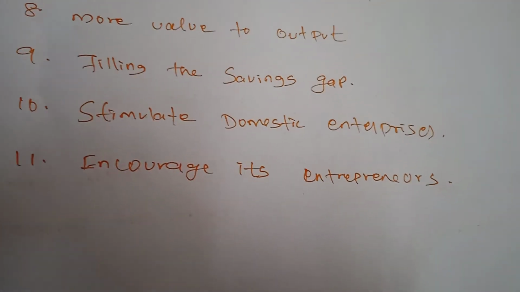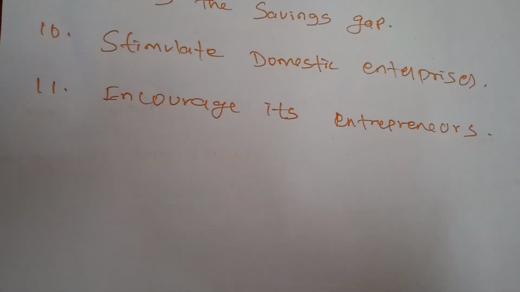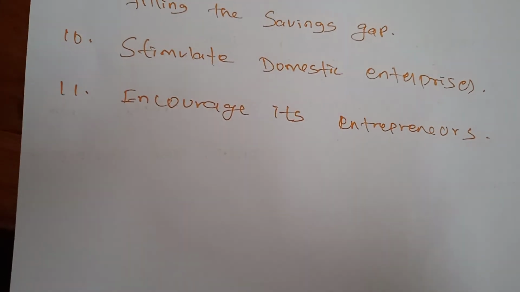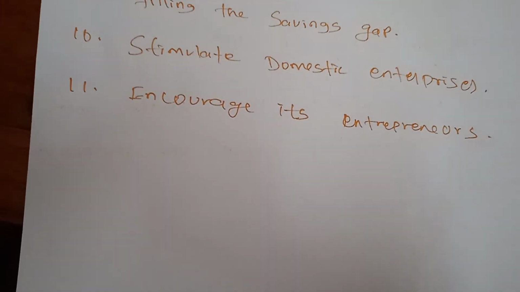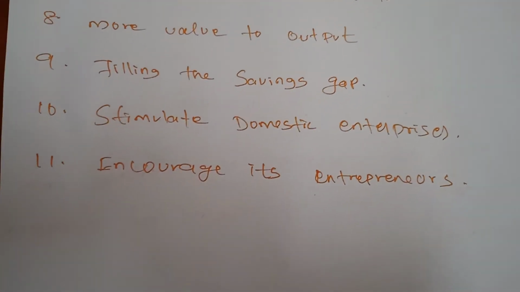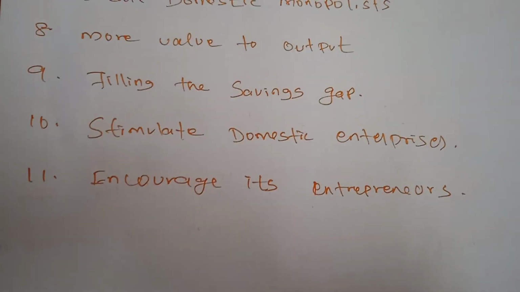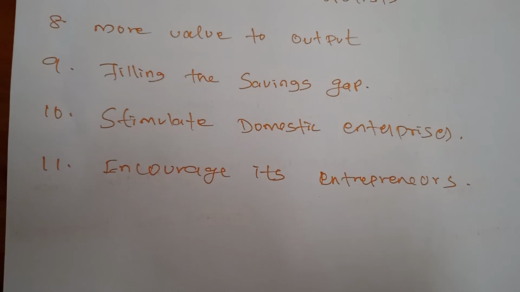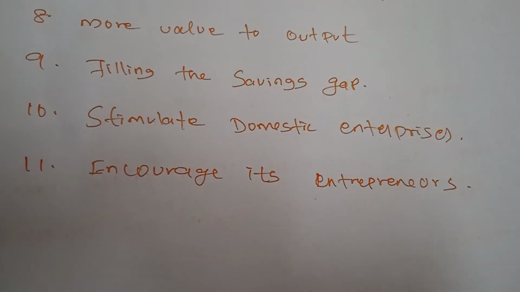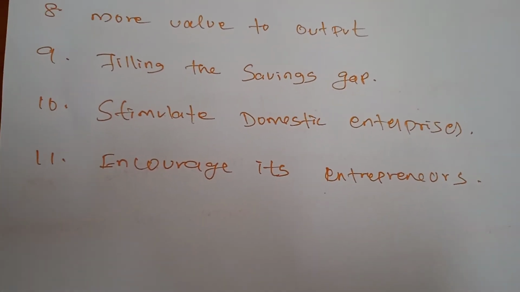Next, stimulate the domestic enterprises. The foreign investments may stimulate domestic enterprises to invest in ancillary industries in collaboration with foreign enterprises. So the domestic enterprises will also be stimulated by the foreign direct investment, because before the arrival of the foreign direct investment, the domestic enterprises have less stimulating power to increase their production.